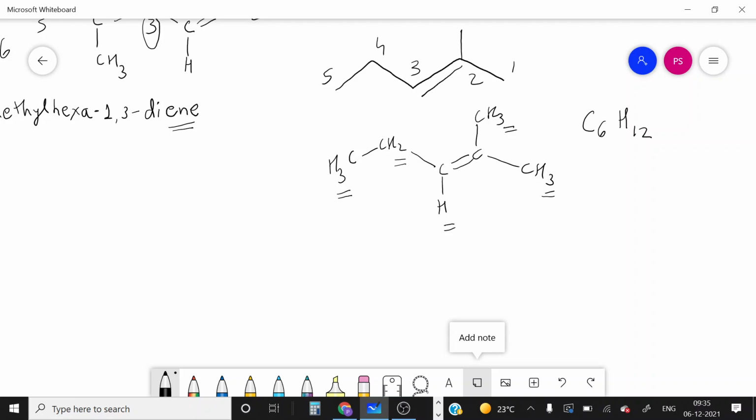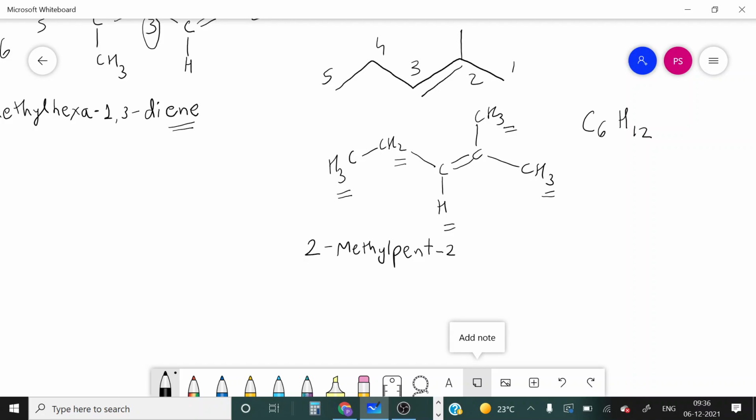Now what is the name of this compound then? Look at the numbering. At second position, a methyl substituent is there, so 2-methyl. Root word is pent. What is the position of the double bond? 2.